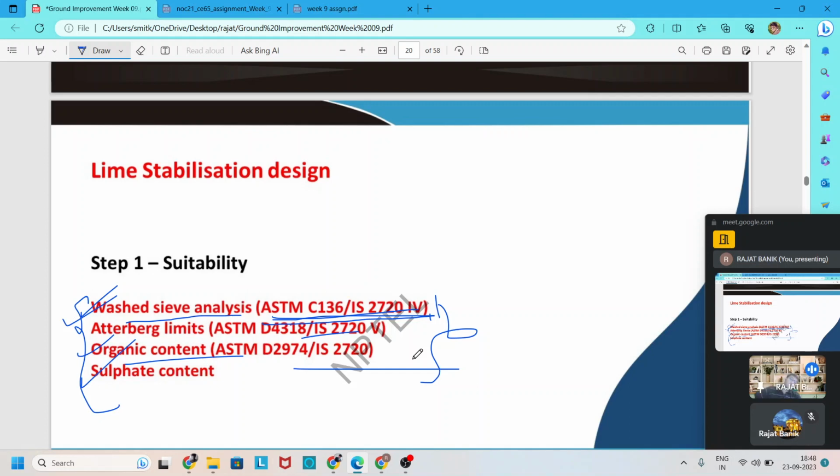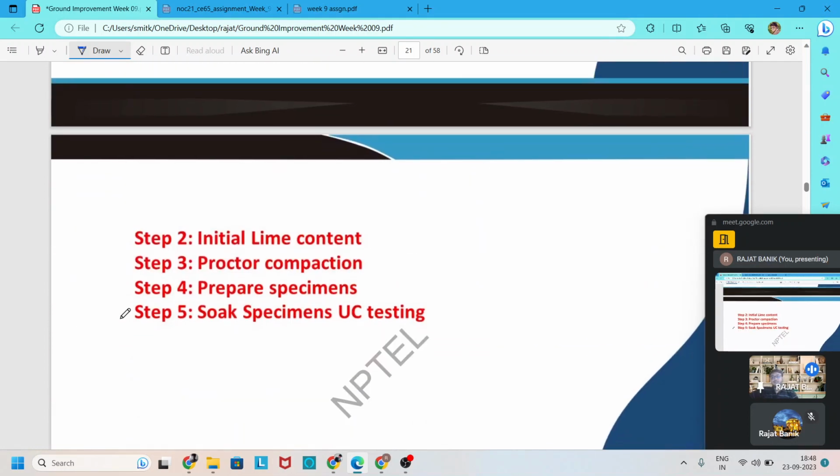If it is suitable, we can study how much lime is required and what type of lime is required. So the second step is the initial lime content. After finding the suitability, we now find the amount of lime content, that is, what amount of lime is used to stabilize that amount of soil. So we need to find that out.